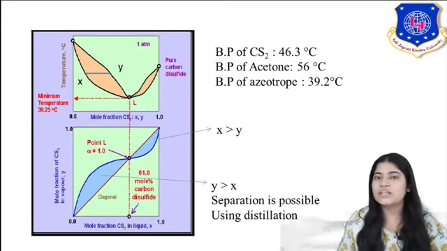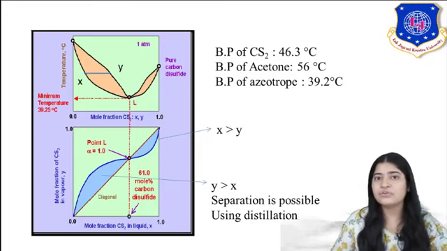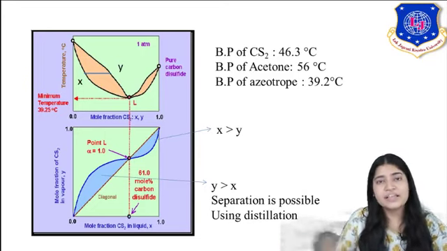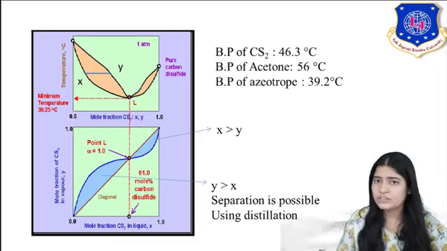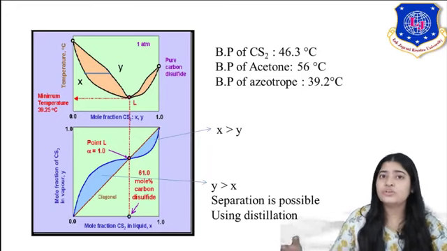So it is useless to use distillation as a separation process. Here I have to use another separation method. Carbon disulfide is separating in the liquid phase, but it is not advisable to use distillation here, because in distillation the prime objective is to enrich the more volatile component in the vapor phase.